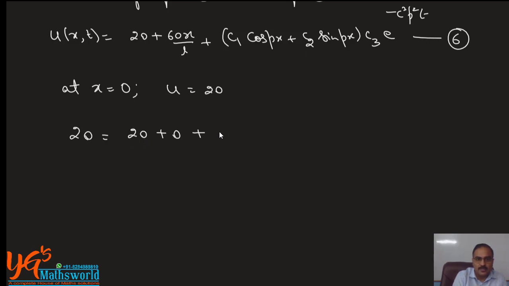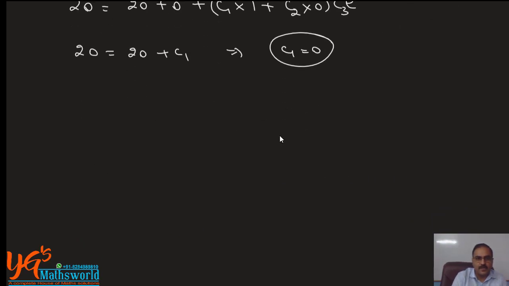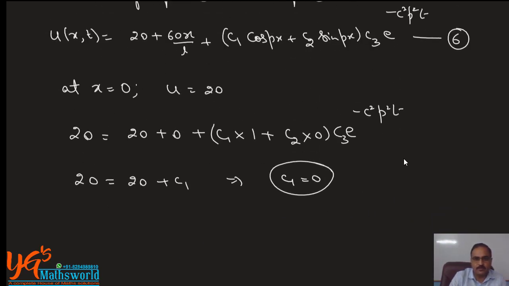20 plus 0 plus c1 cos 0, plus c2 sin 0, into c3 e^(-c²p²t). So 20 is equal to 20 plus c1. From this one we get c1 is equal to 0. Now I need to substitute the value of c1 in equation number 6.